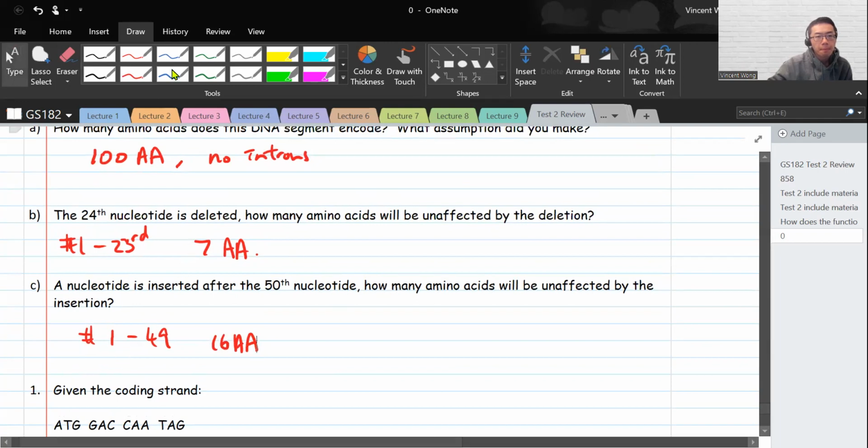Sir, if you insert after the 50th, wouldn't it be 1 to 50 that is unaffected? Oh, I see what you mean. Yeah, sure, we could put 50, but it's still 16 because 50 divided by 3 is still 16. Good point. Good point. Good point.